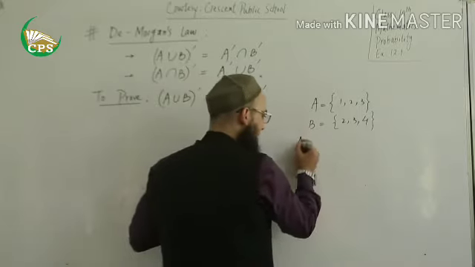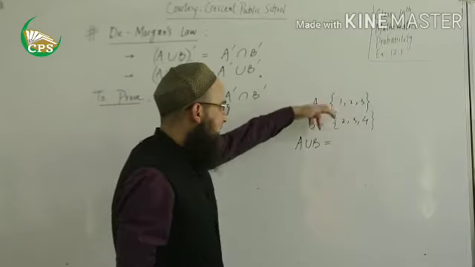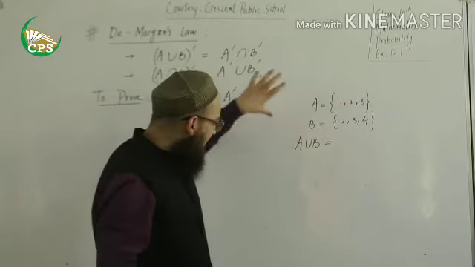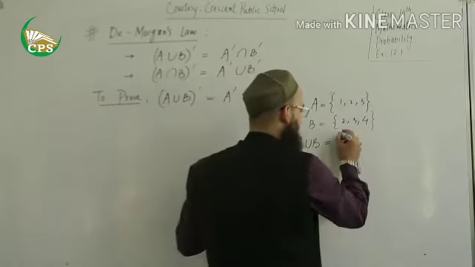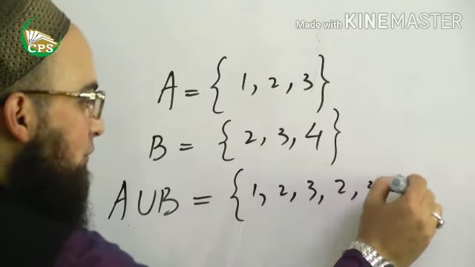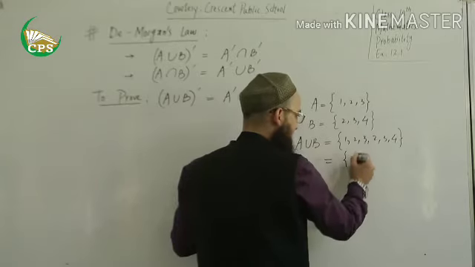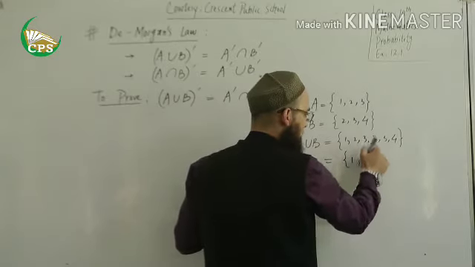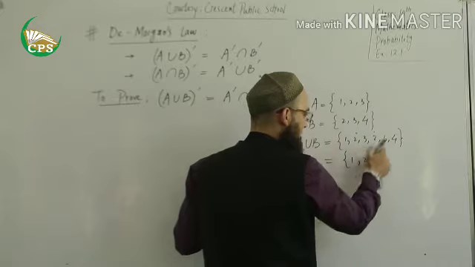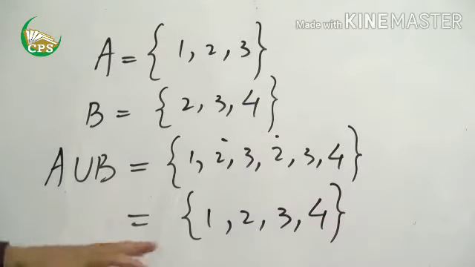Now if I do A union B, all the elements of A and B are present in A union B. That means it's 1, 2, 3, 2, 3, 4. But repetition, we write it once. That means 1, 2, 3, 4. So this is called the union.